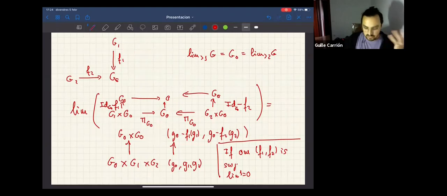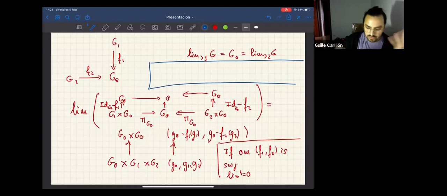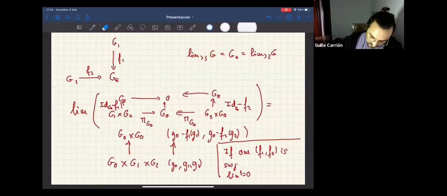And now if we want to know what the theorem says, sorry, I'm really uncertain here.